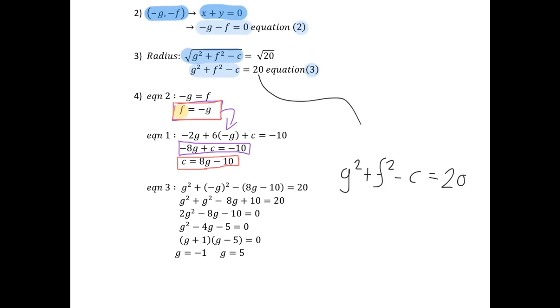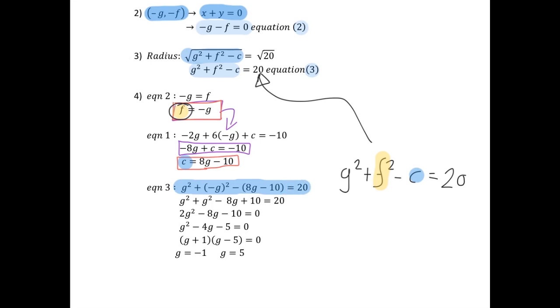I now have an expression for f, so I can fill it in here, and I also have an expression for c, so I can fill that in too. So g squared stays on its own, but instead of f, I write minus g squared, minus c. c is 8g minus 10, so I'll leave that in the bracket, equals 20.